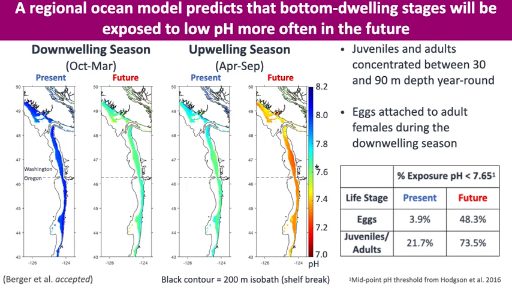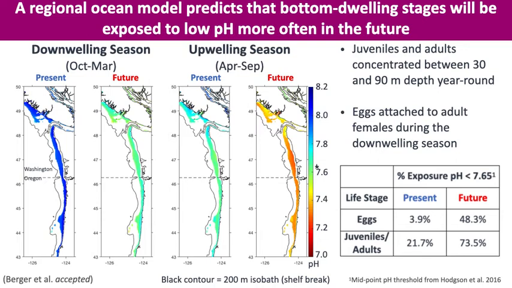She also estimated, of course, exposure for the other life stages that are more confined in the water column, not pelagic, the benthic stages, and that included the eggs as well as the juveniles and adults that have settled in. What we're looking at here is the difference in the seasonality. Of course, the bottom-dwelling stages will be exposed to low pH more often in the future as well. On the left-hand side, you can see that in the downwelling season as well as in the upwelling season.